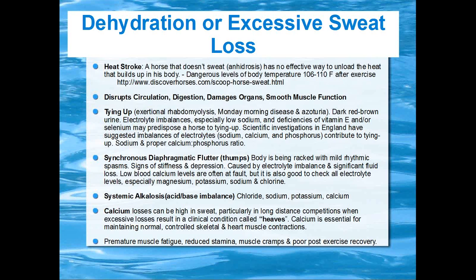Here we're looking at low calcium blood levels, commonly at fault, but it's always good to check the other electrolyte levels, looking specifically also at magnesium, potassium, sodium, and chlorine. Acid-base imbalances can occur. The nutrients that manage that acid-base ratio are chloride, sodium, potassium, and calcium.